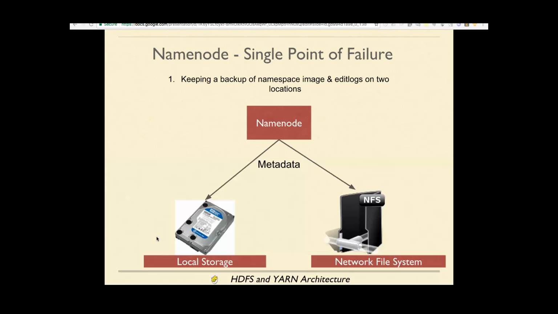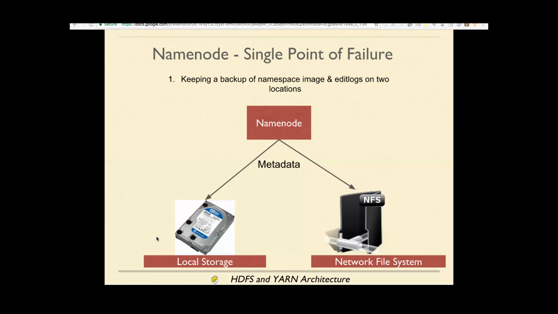Creating edit logs is an append-only process, meaning every time a new entry is appended instead of modifying. Therefore, creating edit logs is easier than taking a snapshot from memory every time. In the disk, image and edit logs are maintained in two separate folders. Okay, is it clear?